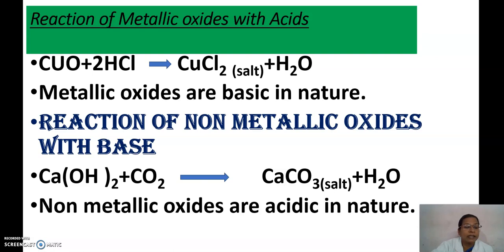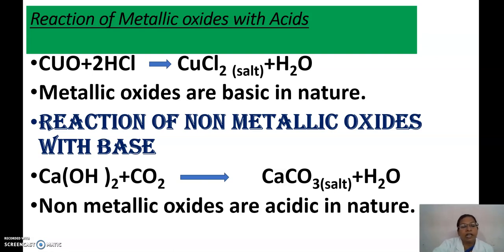So here calcium hydroxide is a base, and carbon dioxide: carbon is a non-metal, so carbon dioxide is a non-metallic oxide. Like sulfur, sulfur is a non-metal, and sulfur dioxide is a non-metallic oxide. So when non-metallic oxides react with a base, we get salt and water, just like a neutralization reaction.